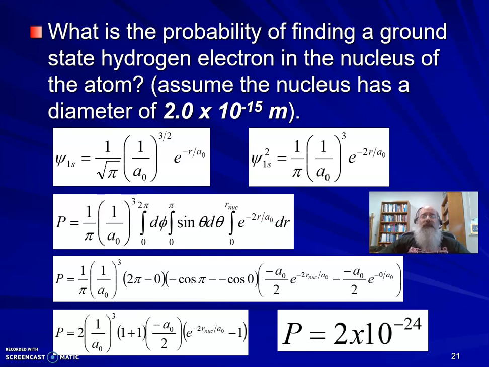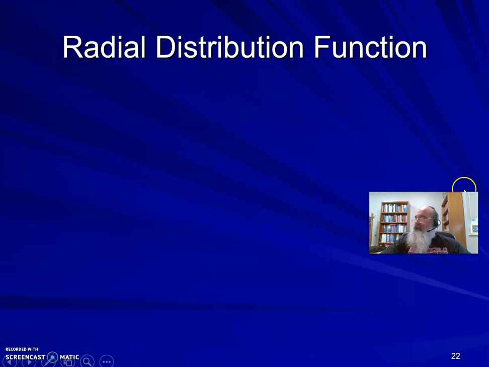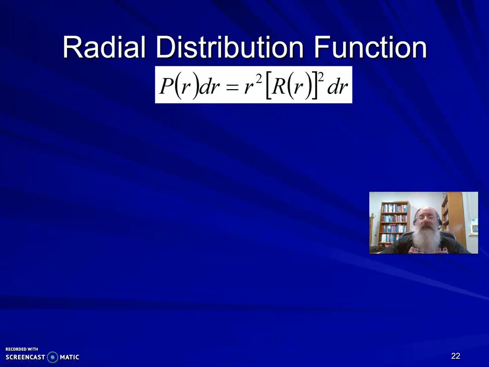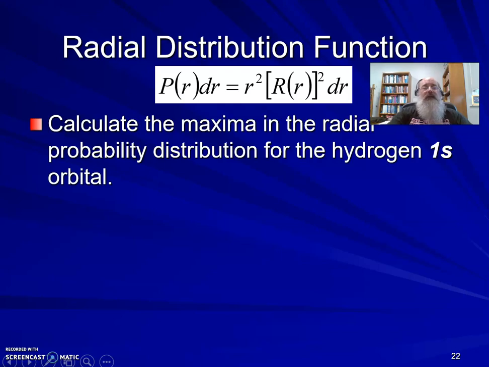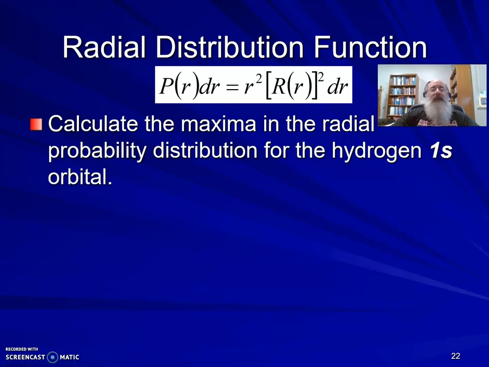We're going to introduce a new function called the radial distribution function. We use this function to calculate the maximum in the radial probability distribution, in other words, what's the most likely radius at which we would find the electron?